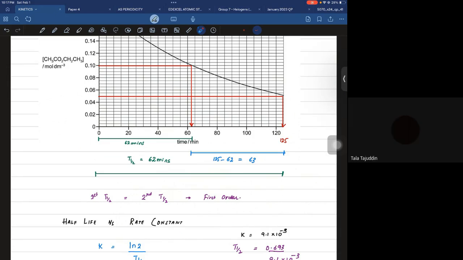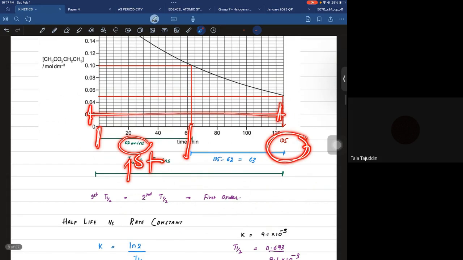Sir, I don't understand why we subtracted. Yes, okay. If you have calculated the first half life, that was 62 minutes, obviously now you're going to take another time. If you have 125 minutes, this is the total time.